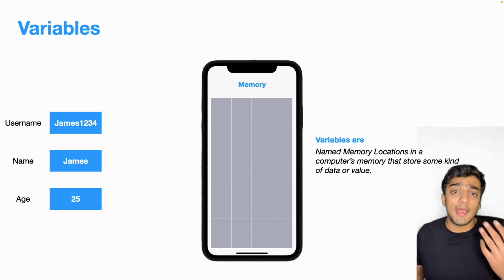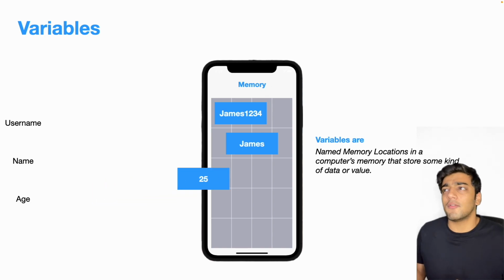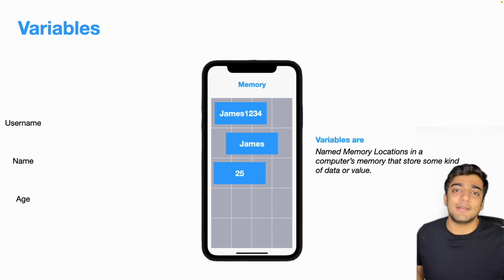Whenever you create these variables and give them a value, they store themselves inside your computer or your phone's memory in a similar fashion. So that's basically the concept of variables.